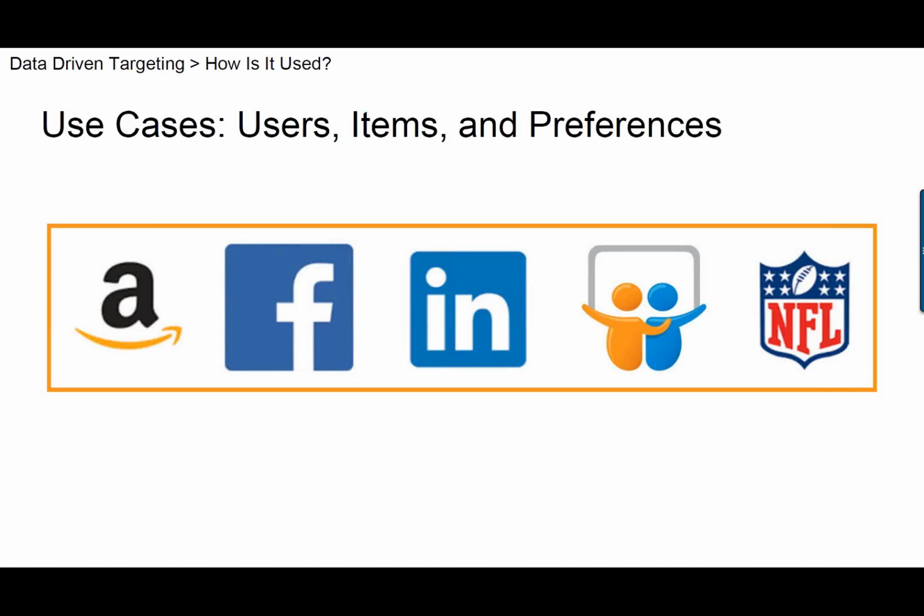So for Amazon, they have about 300 million users, in their last report about 480 million items, and preferences work out to something like 144 quintillion, which is a pretty big number of possible preferences.